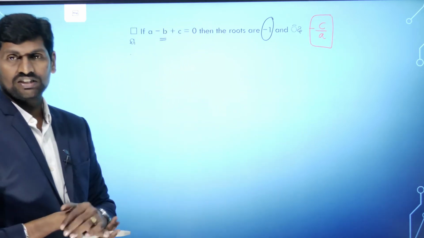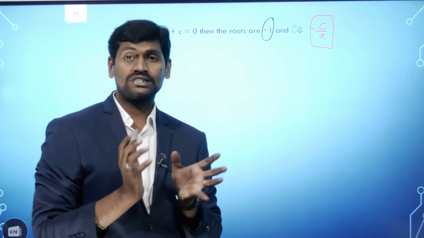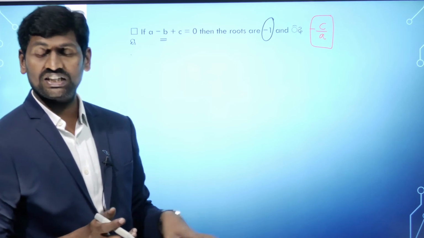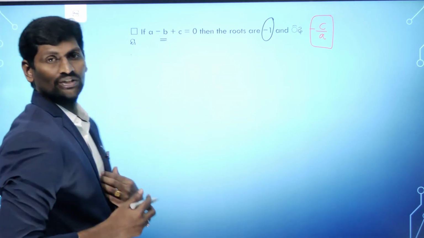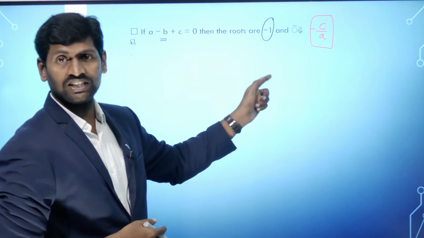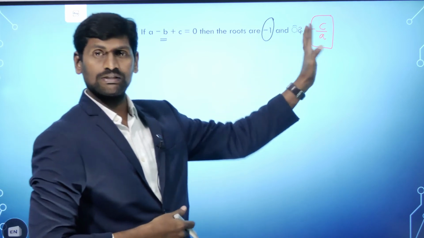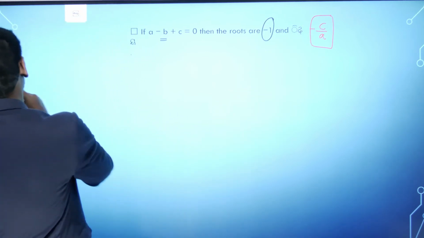That means any quadratic equation that satisfies the condition a minus b plus c equal to 0, then the roots of the quadratic equation are minus 1 and minus c by a.